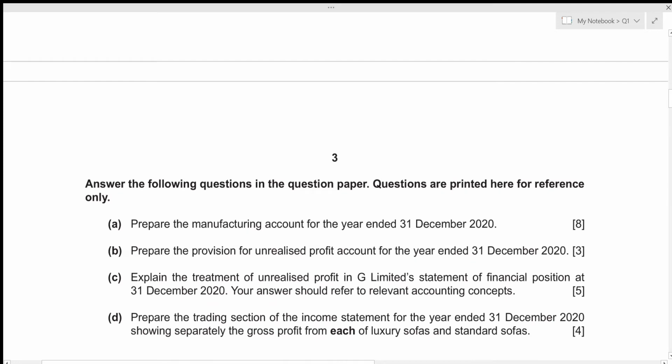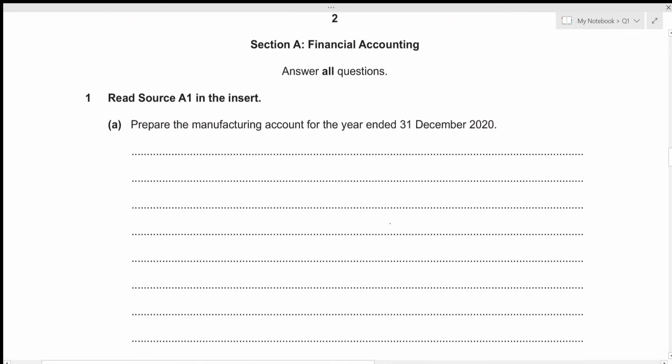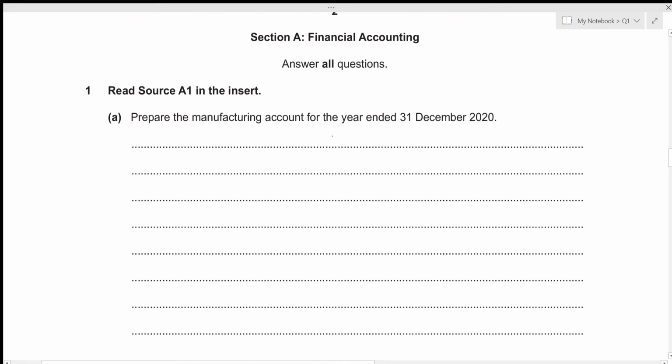So let's have a look at our question. We need to prepare the manufacturing account for the year ended 31st December 2020. Let's do that. So we are preparing the manufacturing account for G Limited. And it's a manufacturing account.